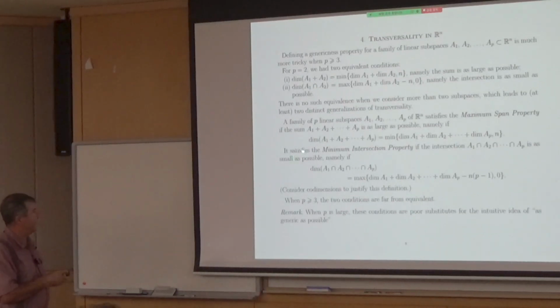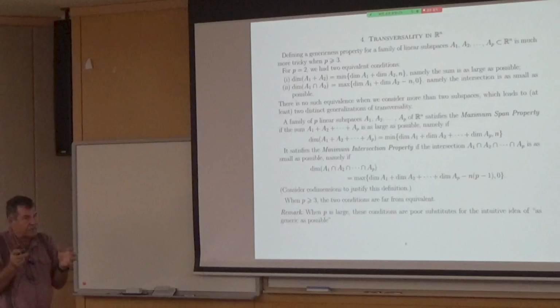Then you would have the minimum intersection property if the dimension of the intersection is as small as possible, and here you have to think in terms of codimensions.